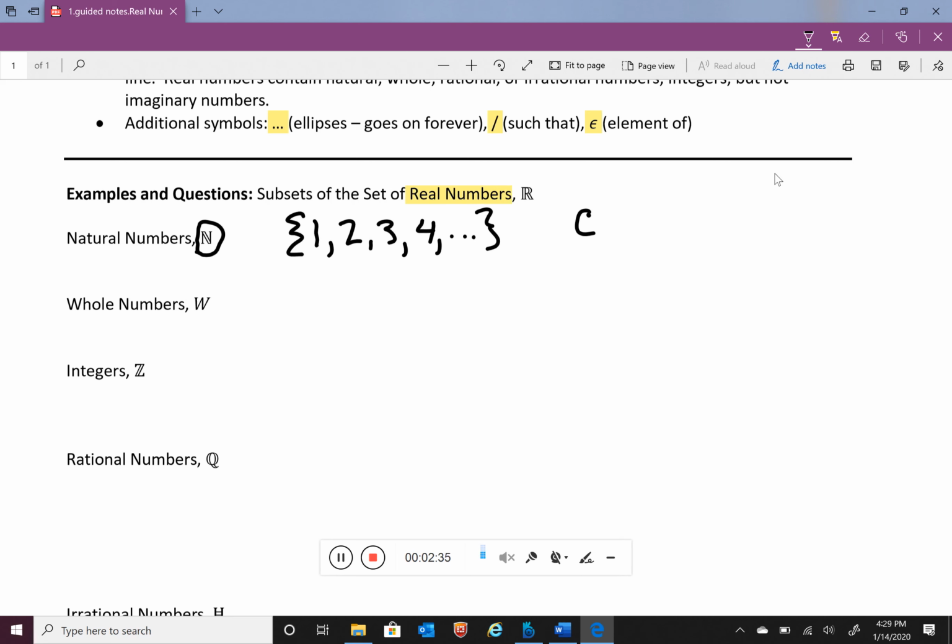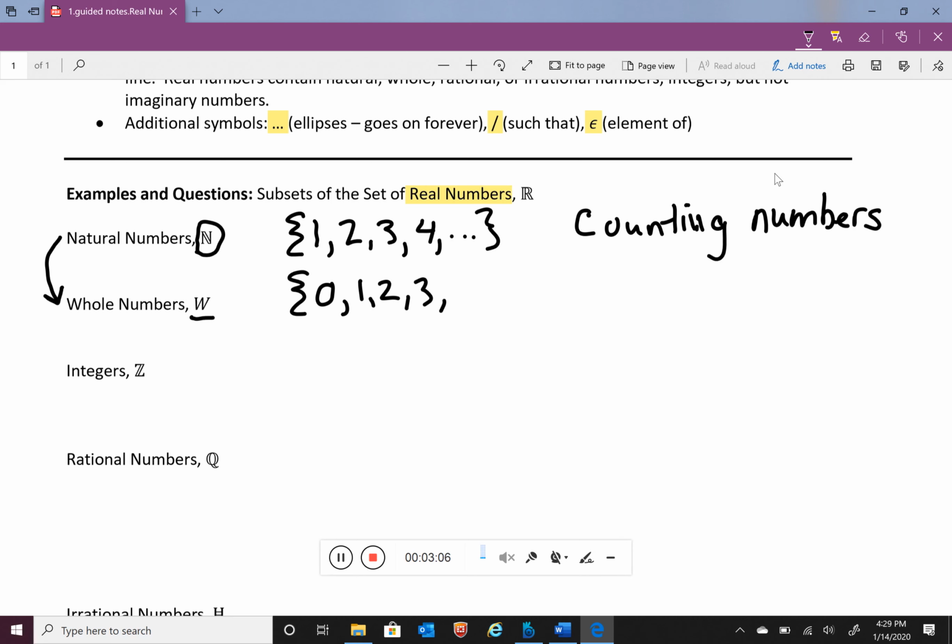This is also often described as our counting numbers. So it's the numbers that we learn when we are young. So counting numbers. Whole numbers are all of our natural numbers, but also contain 0. So whole numbers is denoted by a W. So the set of whole numbers starts at 0, and then it's the same exact thing as natural numbers.